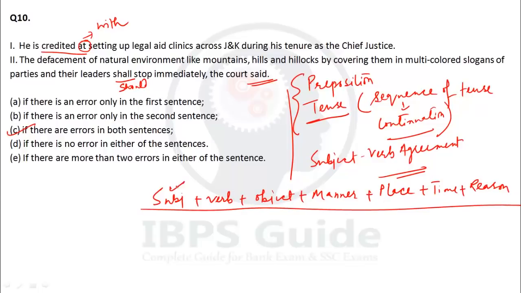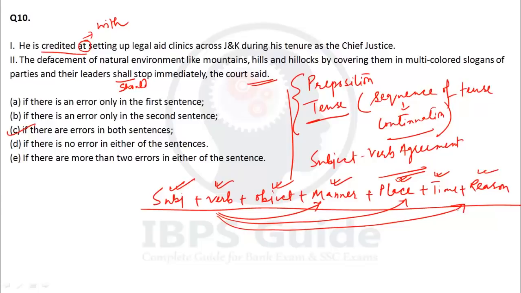At first we have to take subject, then verb, then object, then manner, then place, then time, then reason. Manner मतलब actions जो हो रहा है, how, कैसे हो रहा है. Place means action जो हो रहा है, कहाँ पे, where. Action जो हो रहा है, कब. And action जो हो रहा है, क्यों हो रहा है, that is reason. These are the basic pattern of the sentence.